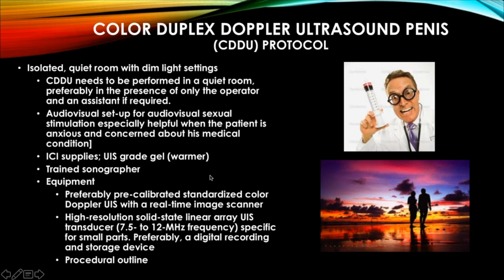You need a well-trained sonographer, and equipment has to have standard colored Doppler ultrasound with real-time image scanning, high resolution solid state linear array transducer between 7.5 and 12 megahertz, particularly for small parts.